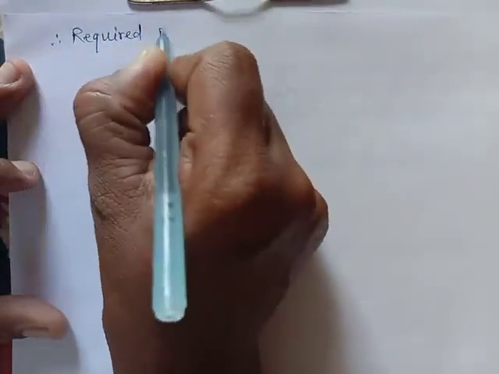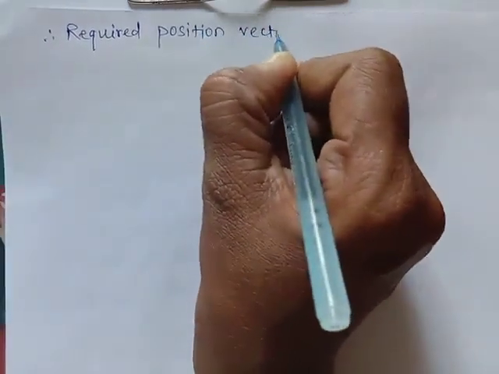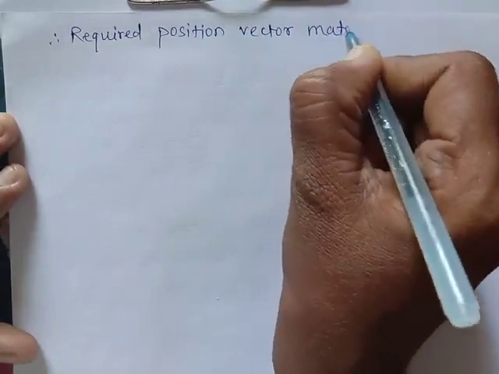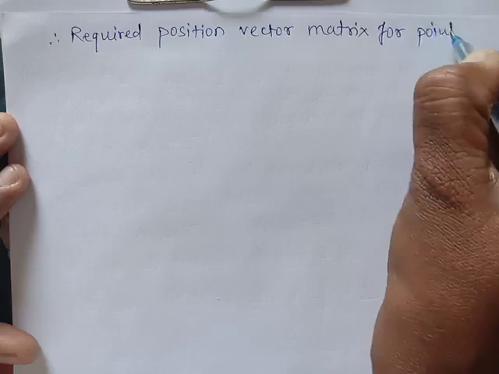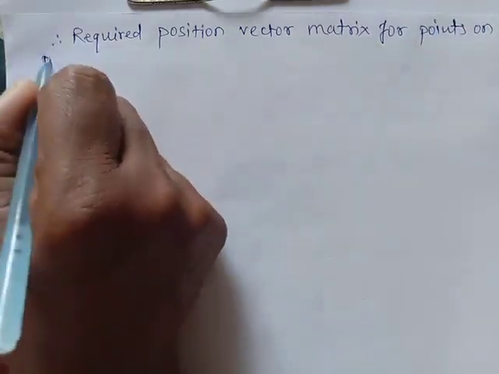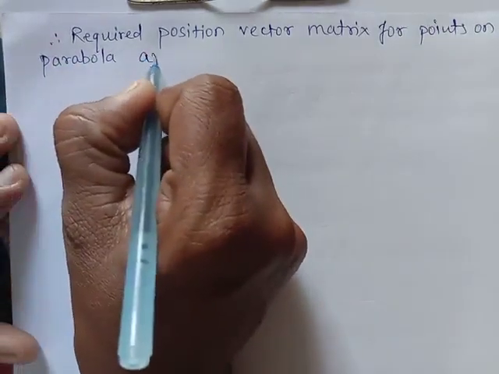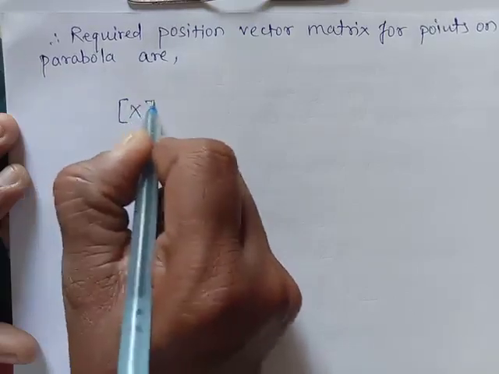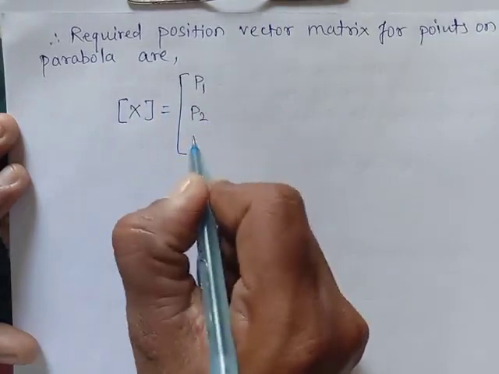Therefore, the required position vector matrix for points on parabola R. Let me write those points P1, P2, P3.